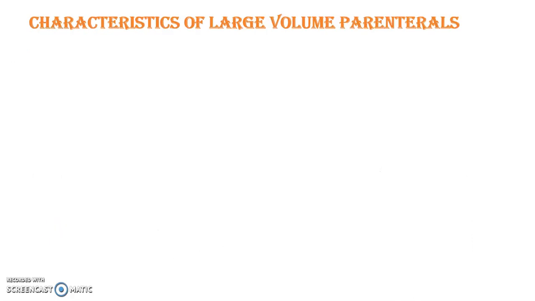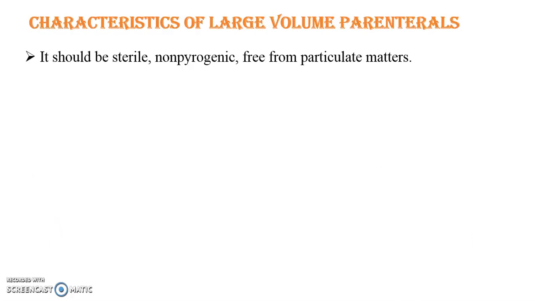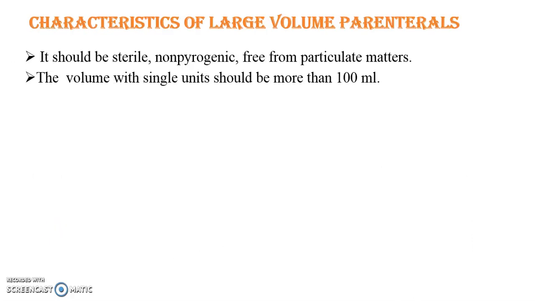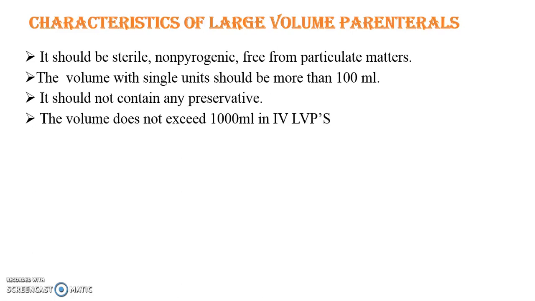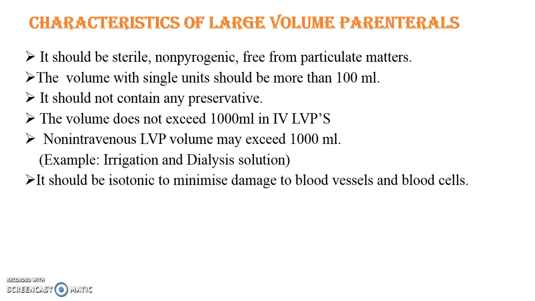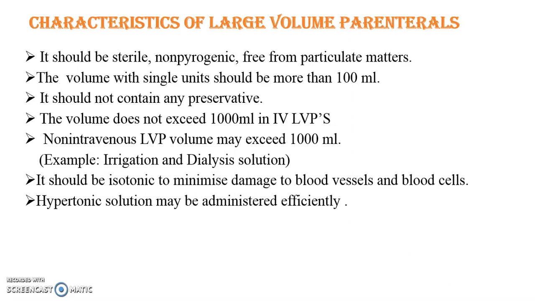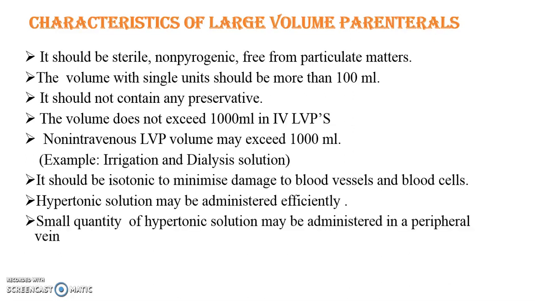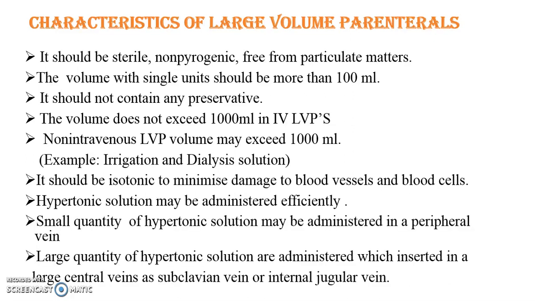Next we will see the characteristics of large volume parenterals. The first characteristics, for both SVP and LVP, is that they should be sterile, non-pyrogenic and free from particulate matter. When we consider the LVP, the volume in a single unit should be more than 100 ml, and the LVP many times does not contain any preservative.